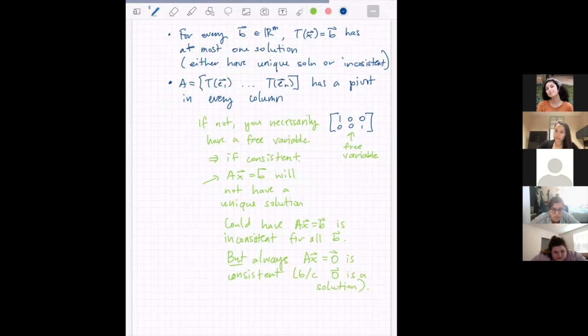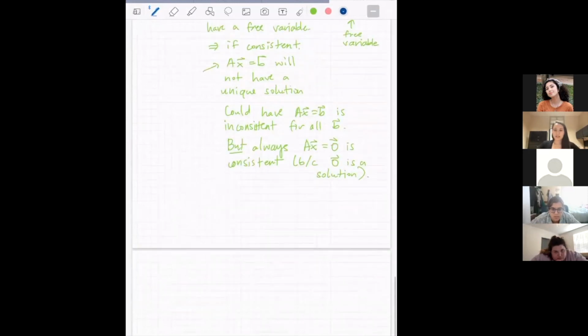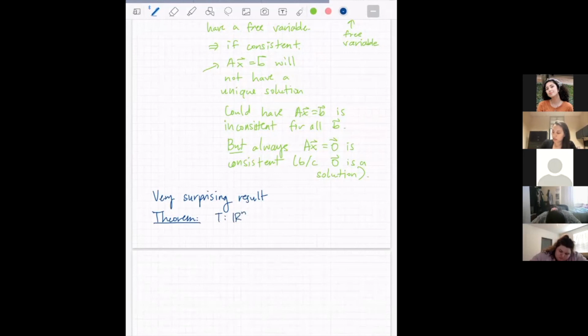That means that, well, this idea brings us to what I think is a very surprising result. So we have a theorem that characterizes one-to-one functions. Okay, and this says that a function from Rn to Rm that is linear, so maybe that should be in here, that is a very important part of this.